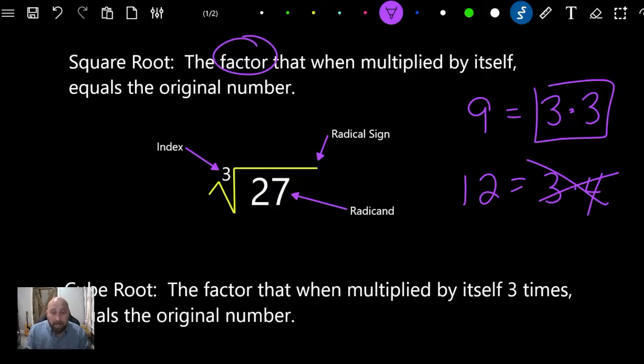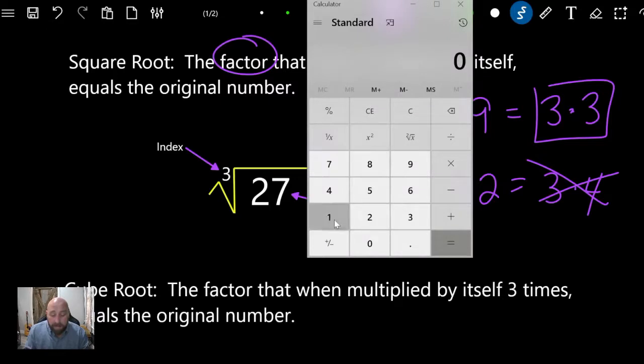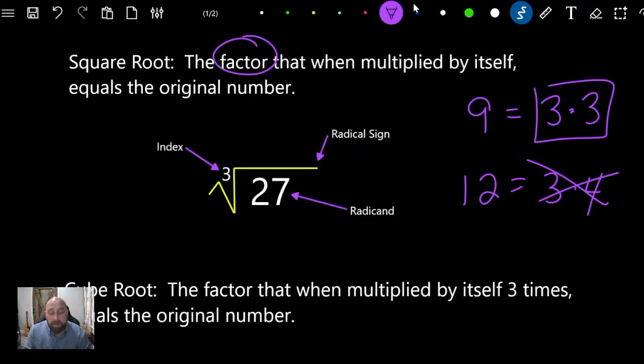So if I get out my calculator, I can actually take the number 12 and hit the square root button on my calculator, and it will tell me that the square root of 12 is 3.464106161, blah, blah, blah. Now, here's what that means. It means the square root of 12 is not what's called rational.